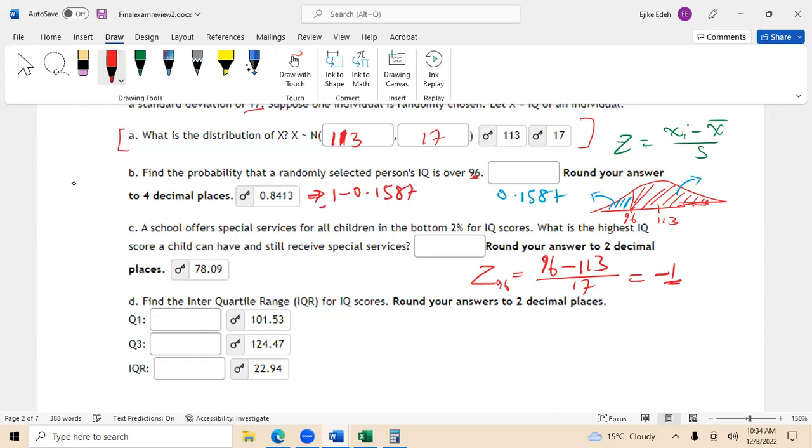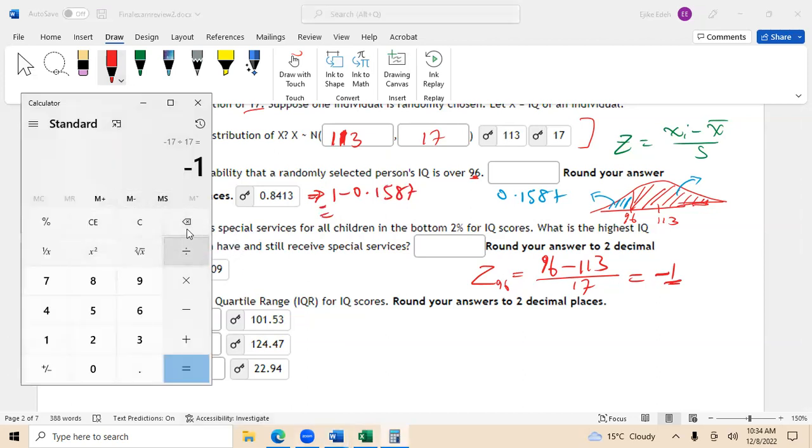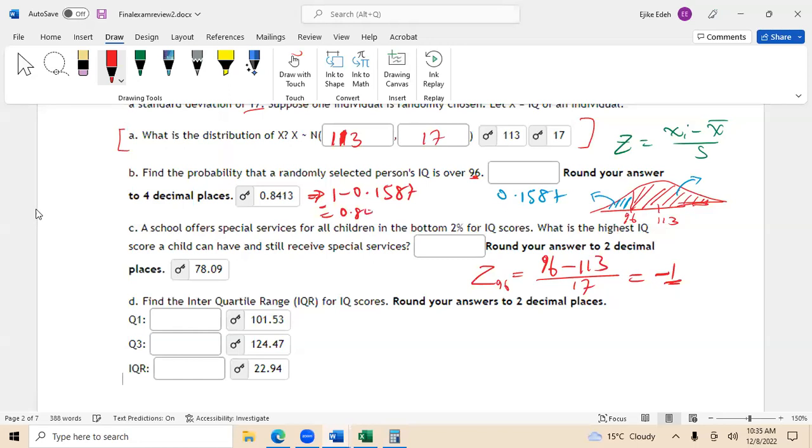Let's see that we get that value. 1 minus 0.1587 gives us 0.8413, which is the answer you have, right?